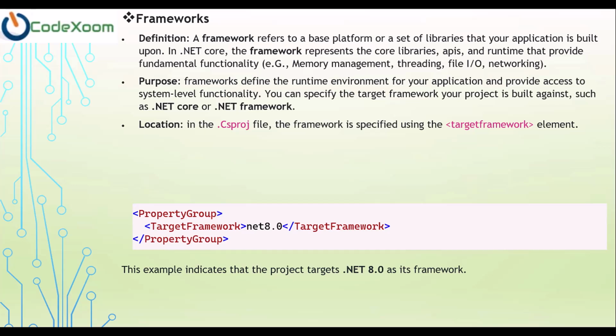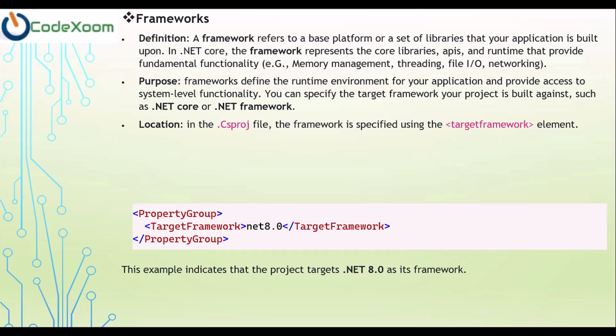Purpose: frameworks define the runtime environment for your application and provide access to system-level functionality. You can specify the target framework the project is built against, such as .NET Core or .NET Framework. In the project file, the framework is specified using the TargetFramework element.